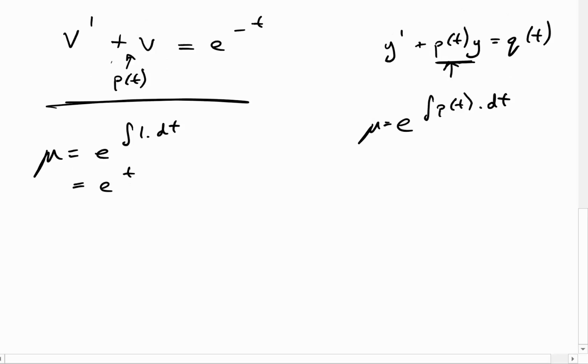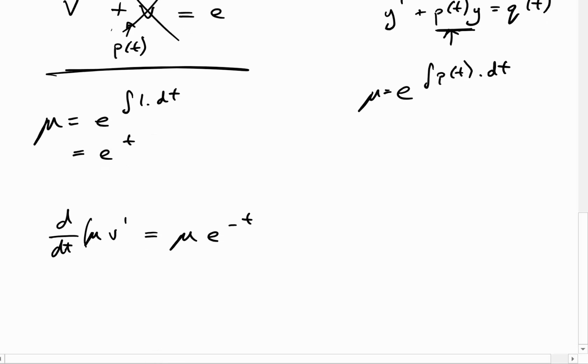What we're saying is that the derivative with respect to t of mu times v, because we multiply by mu right the way through this equation, and there's a cancellation which happens, means that the left-hand side just becomes that, and on the right we're left with mu e to the minus t.